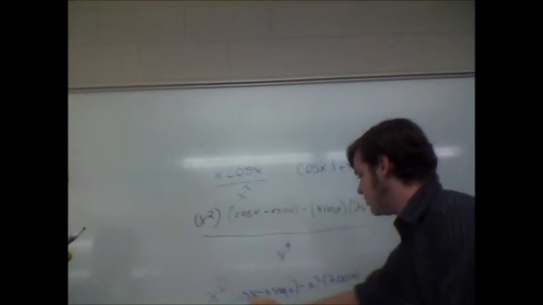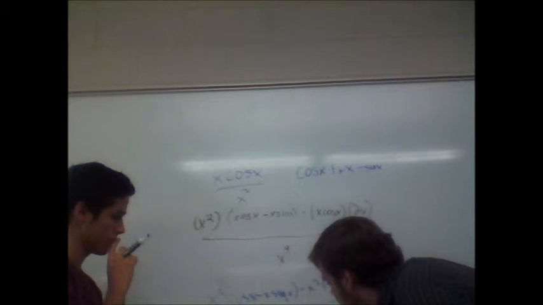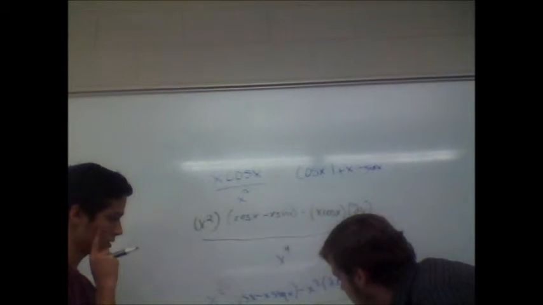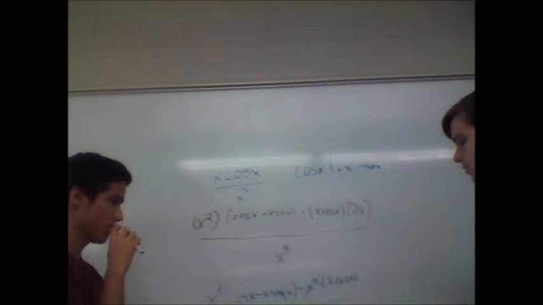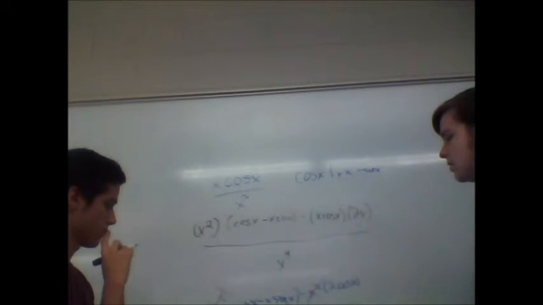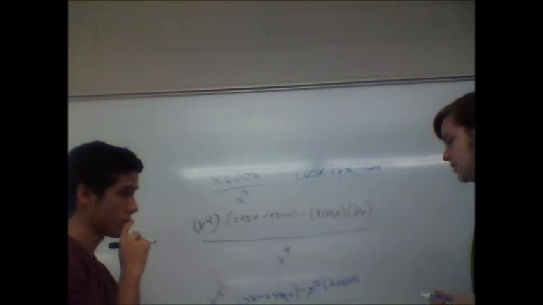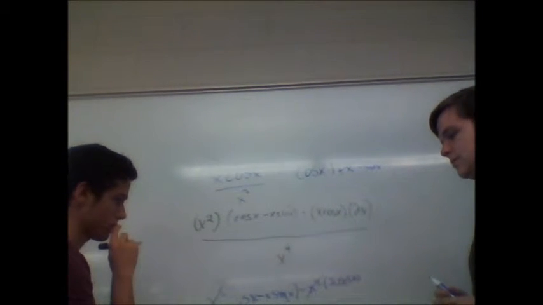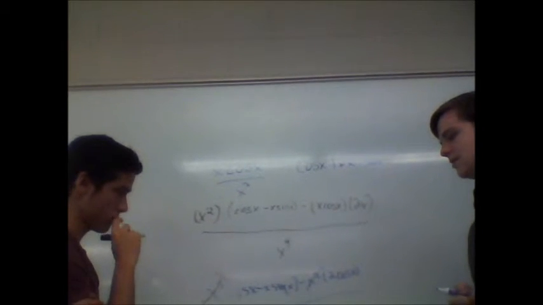Okay, then on the bottom you have x to the 4th, which is just x squared times x squared. So you can take both of those out, leaving you with cosine x minus x sine x minus 2 cosine x, which actually would just be negative x sine x minus cosine x.